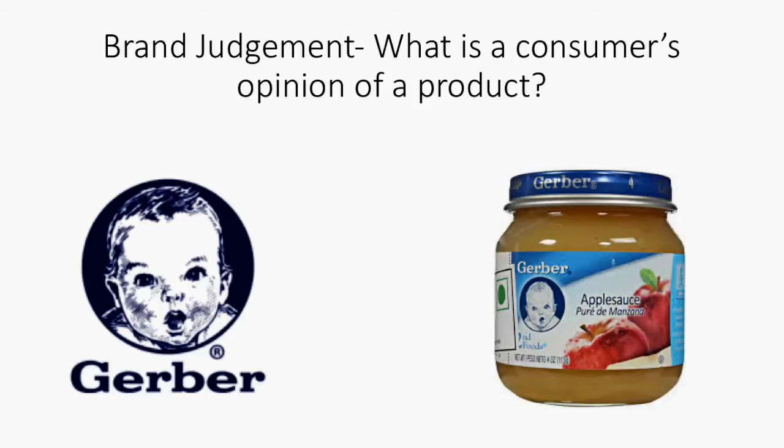It is important when looking to expand that a brand establishes credibility and superiority in their market. An example of this is Gerber. Gerber tried to expand into the adult food market, but because they had no credibility or superiority in that market, the product failed. Gerber realized this and dropped the extension.